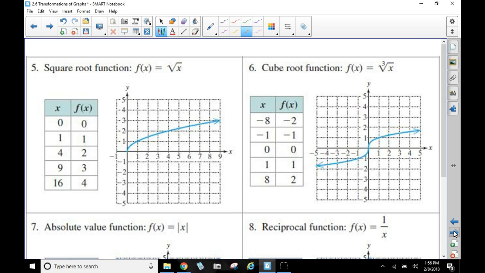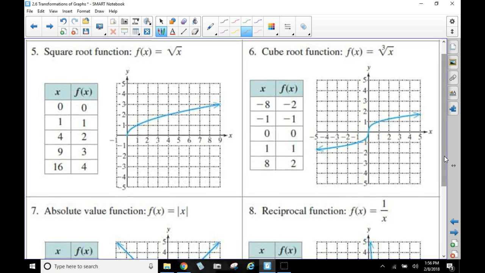All right, next we have the square root function. f of x equals square root of x. Again, let's look at a chart of x, f of x ordered pairs that will satisfy that equation. Now recall that underneath that square root, we don't want those values to be negative.